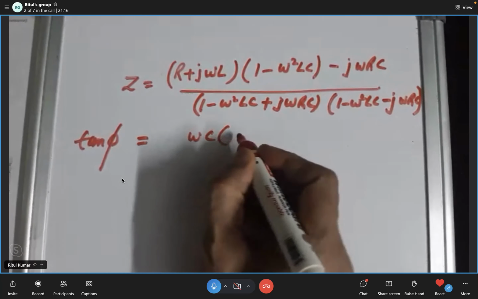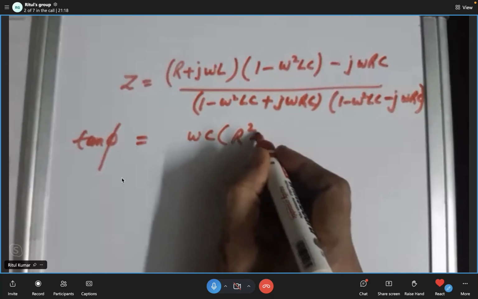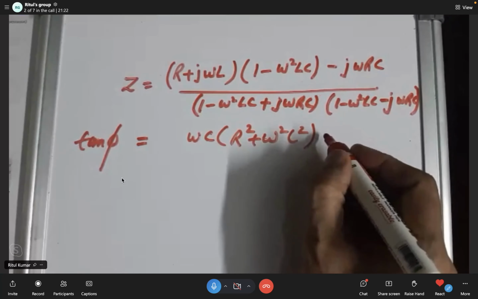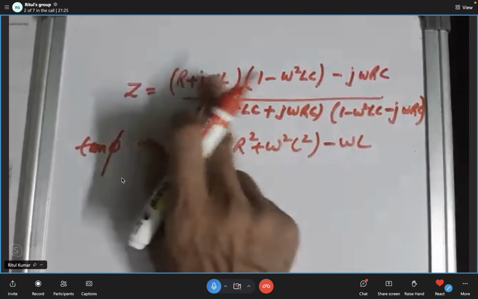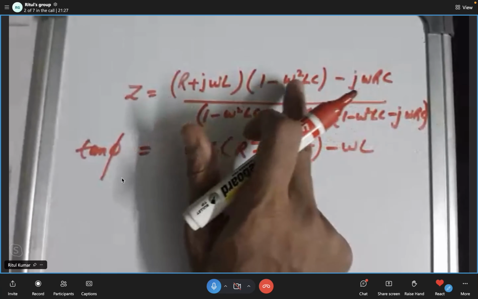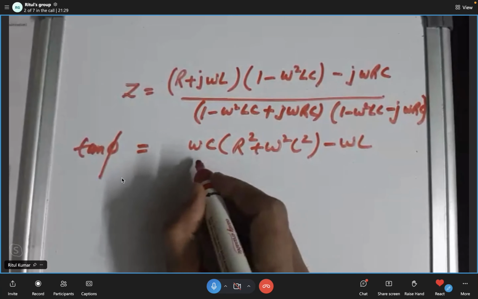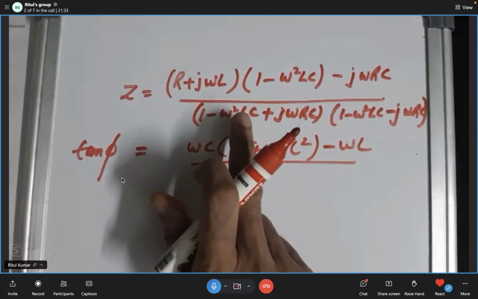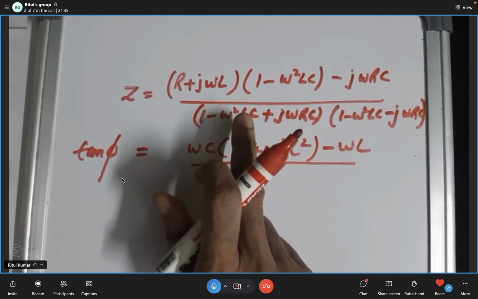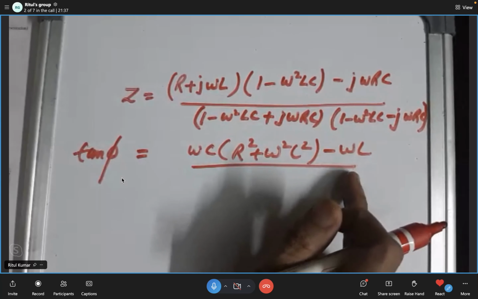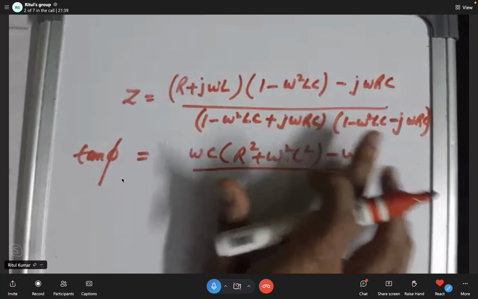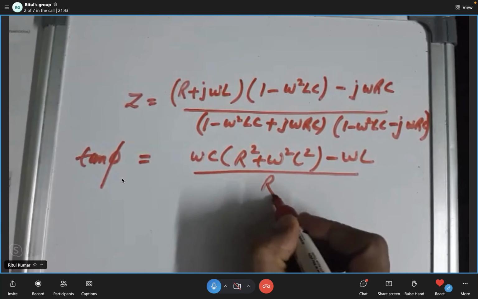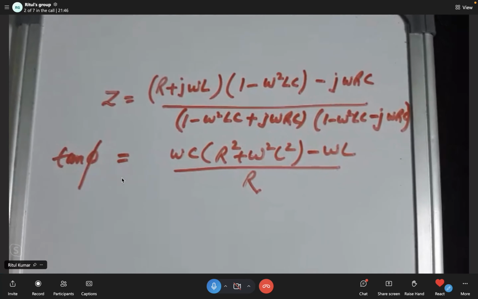Omega C R squared plus omega squared L squared, minus omega L, J omega, divided by, now this to me is, how much is omega L? Oh, only R. So 1 second.